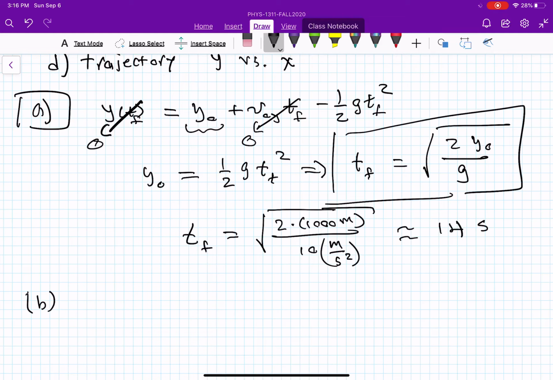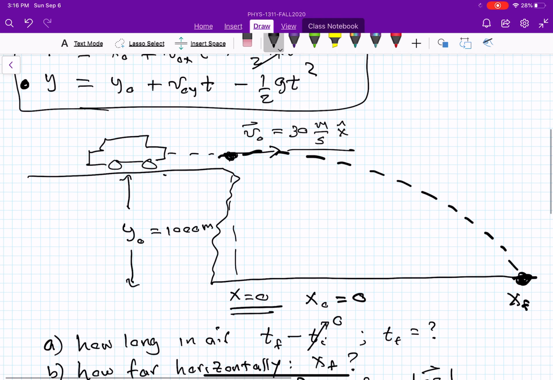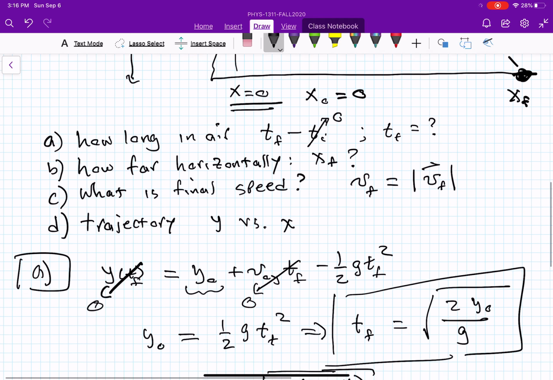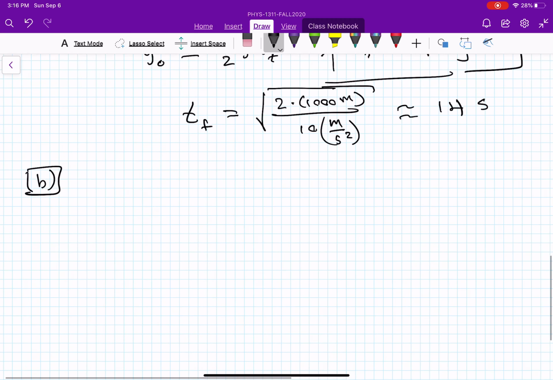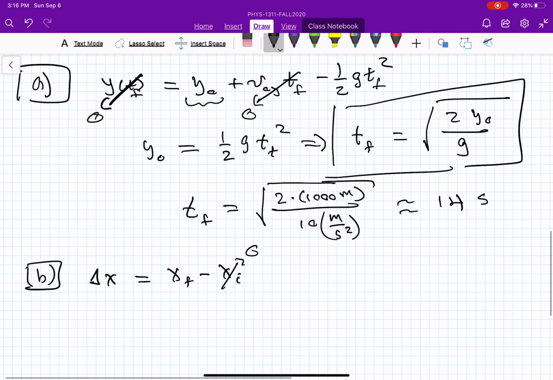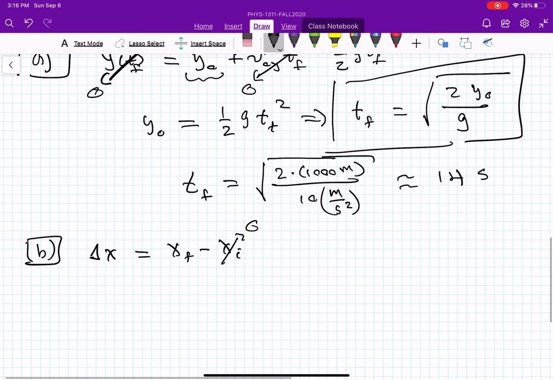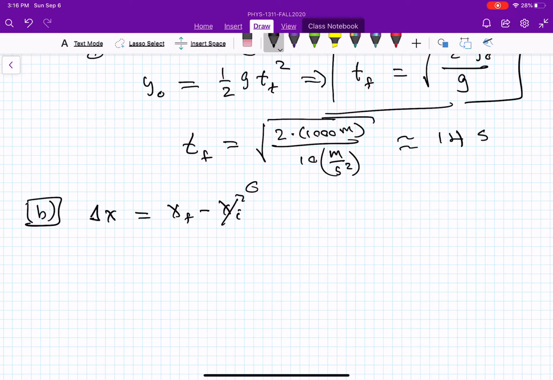Part B. What is the range? How far do they travel horizontally, right? So what is delta x, which is defined as xf minus x initial, but in this case, x initial is 0. So what is xf? I know x as a function of time. So x is equal to x0 plus v0x times t. And x0 is what I just said was 0.